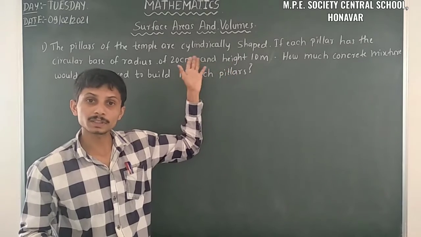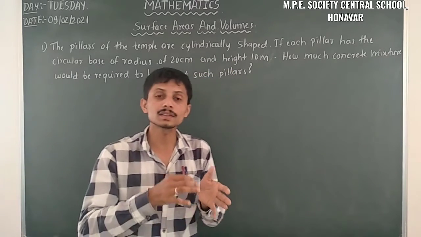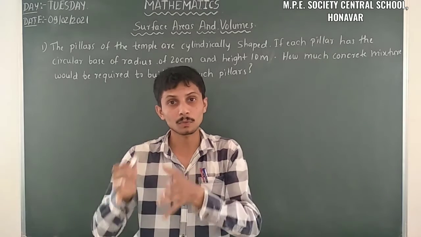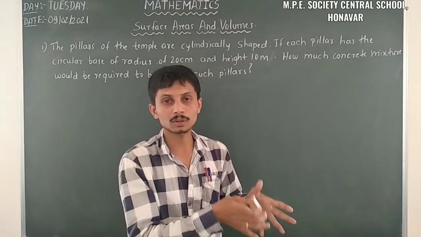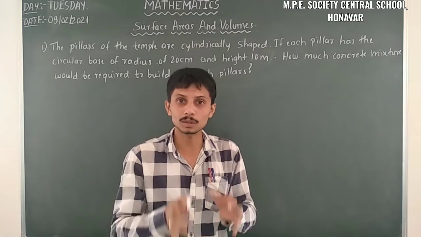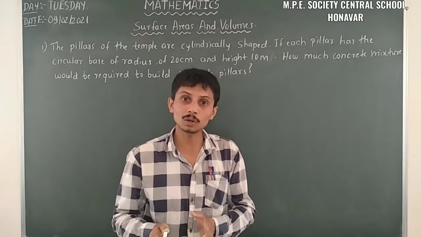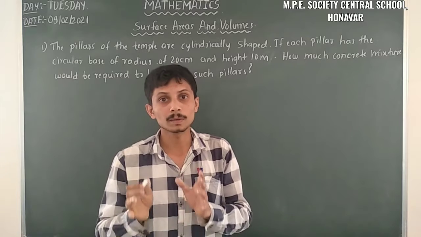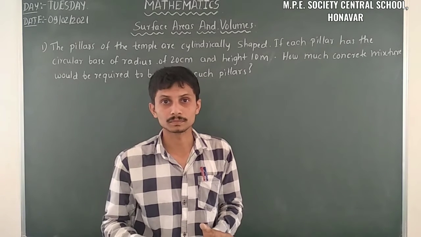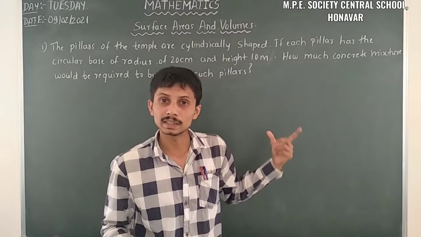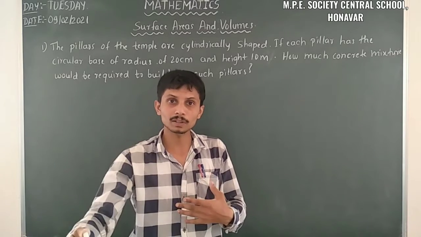Firstly, we have to find the volume of each pillar. Such 14 pillars are there. The volume of each pillar is the volume of the concrete mixture required to build one cylindrical pillar. So firstly we find the volume of each pillar, then multiply with 14.